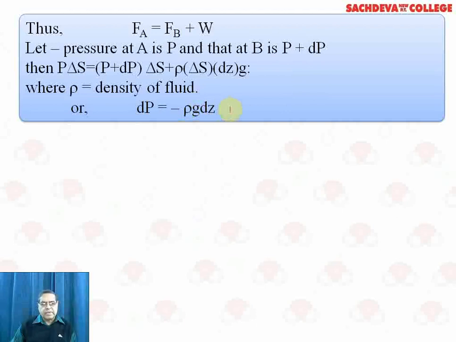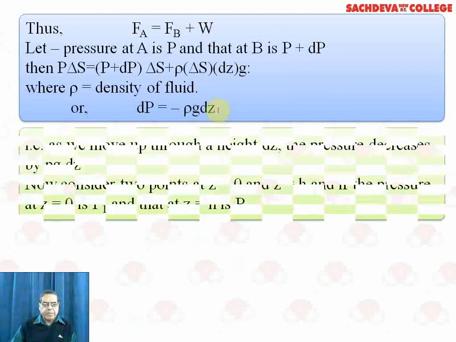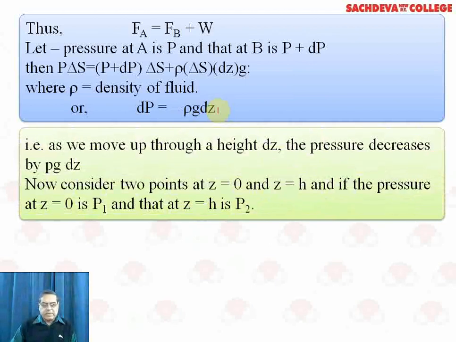Now, if you want to find the total pressure, we have to integrate dP on both sides. During integration, rho will work as constant and g will also work as constant. So basically, on the right side, we have to integrate dz, and on the left side, we have to integrate dP.